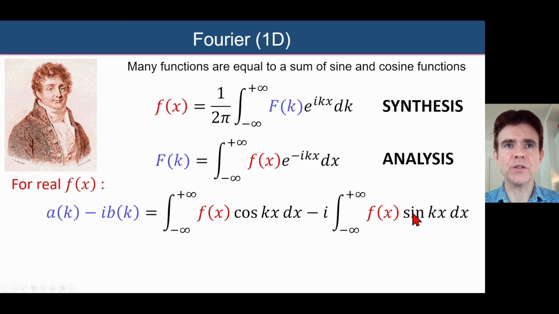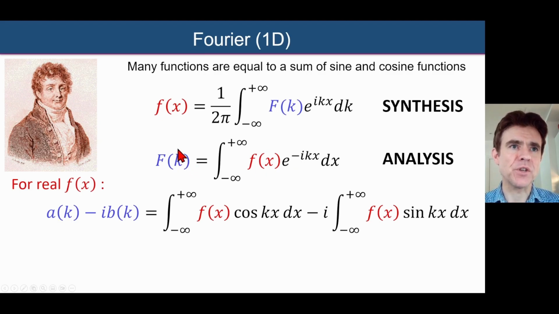So why can we do that? Well, if f of x is purely real, then this is just a simple real scaling factor in front of e to the minus ikx. e to the minus ikx goes to cos kx minus i sin kx. So therefore, this pair of integral equations is directly equal to that single integral equation there.